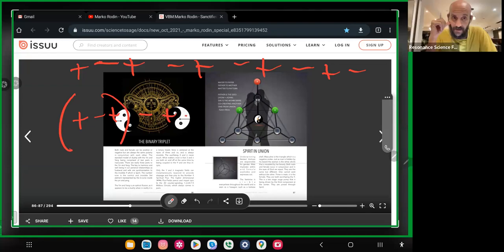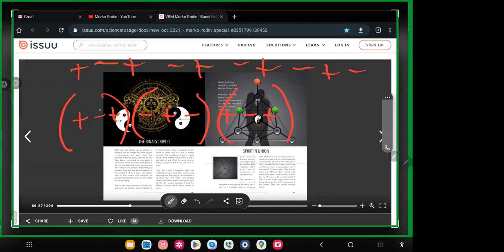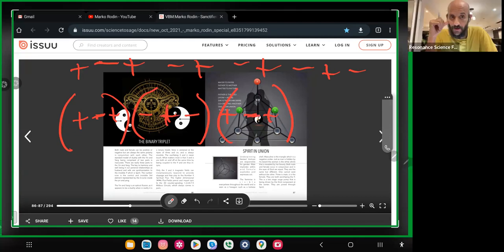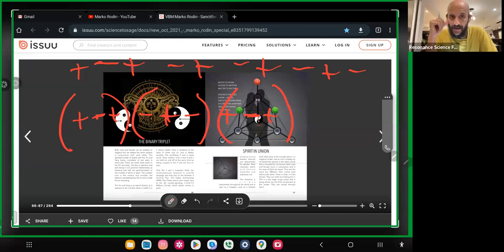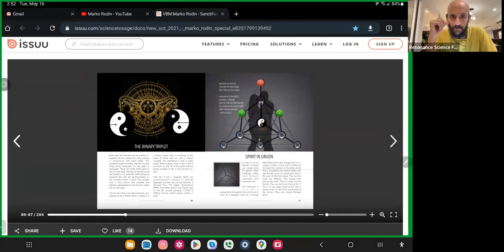It's more like DNA, right? With the center always being the control. There's no duality. It's all an optical illusion.